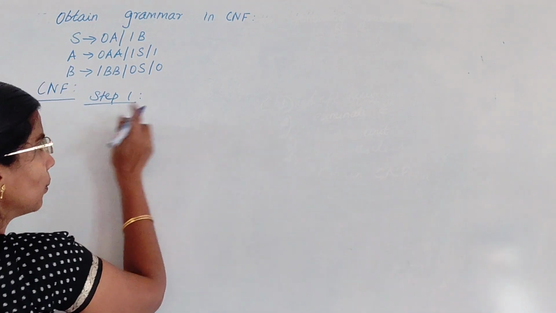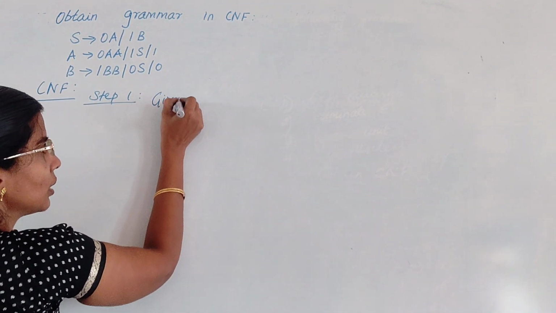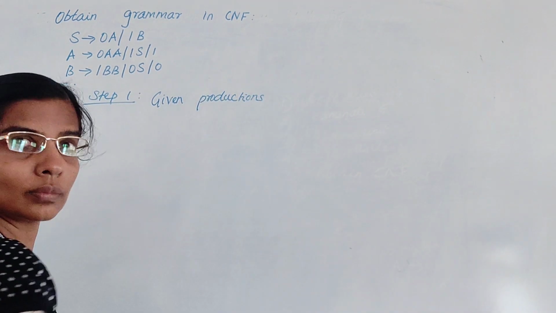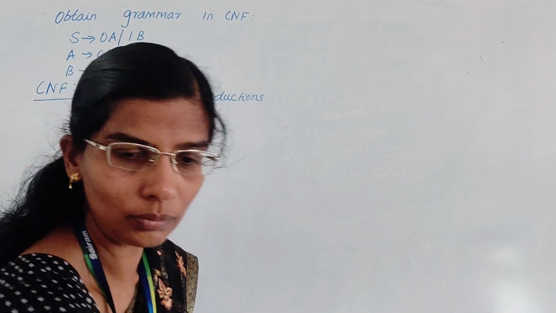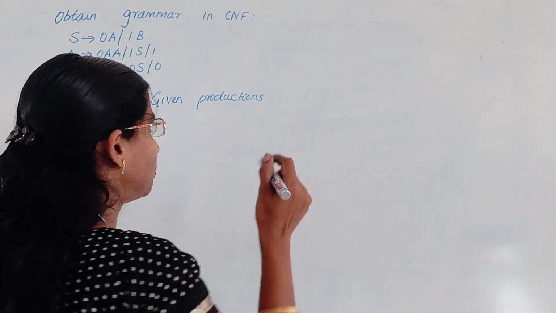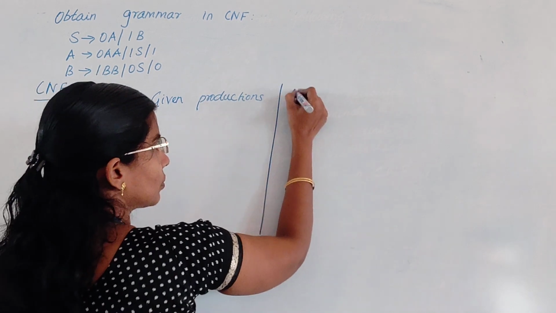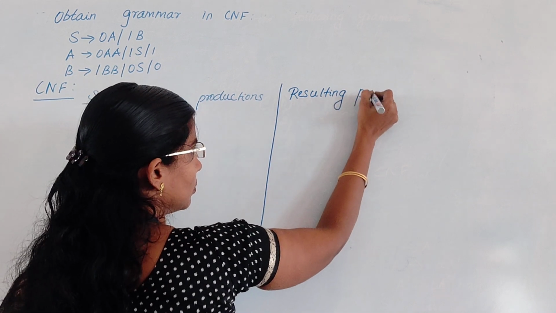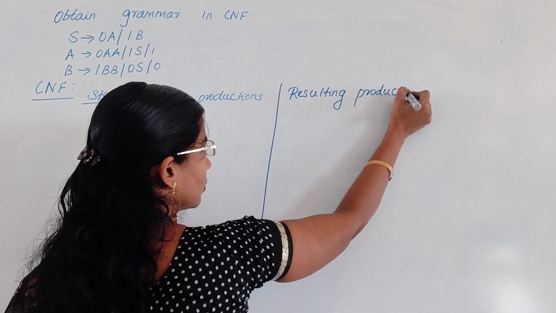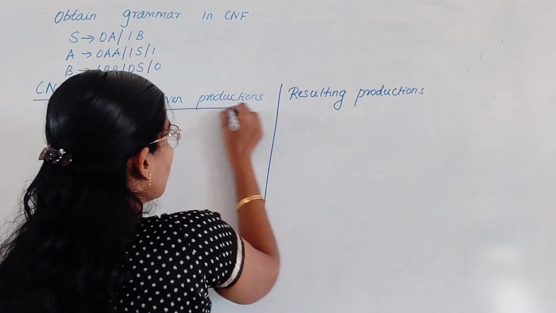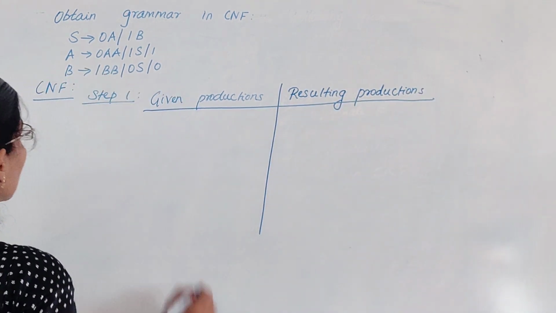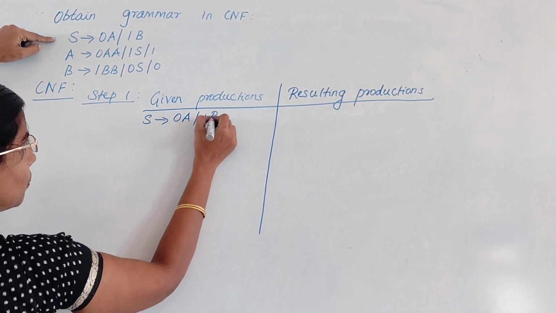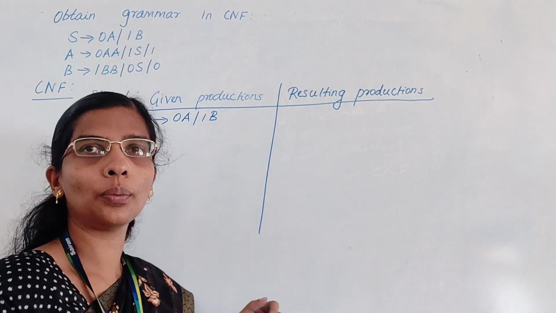So in step 1, write all the given productions, and then the resulting productions. What are the given productions? S tends to 0A, 1D.